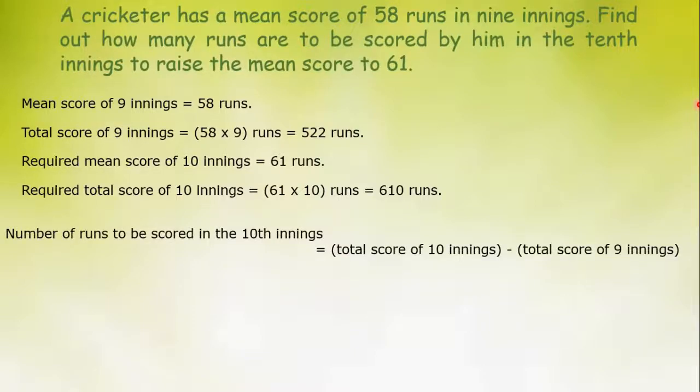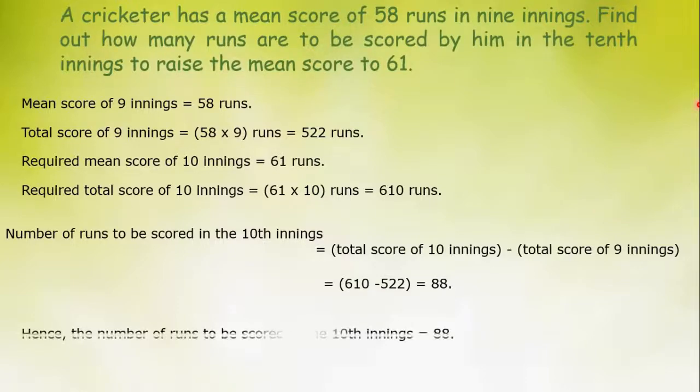So, number of runs to be scored in the 10th innings is equal to total score of 10 innings minus total score of 9 innings. It is 610 minus 522 equals 88. So, the cricketer must score 88 runs in the 10th innings. Hope you understood the concept, right?